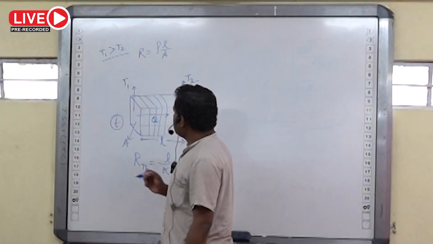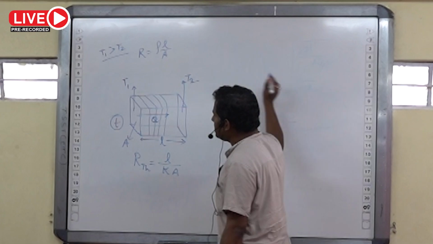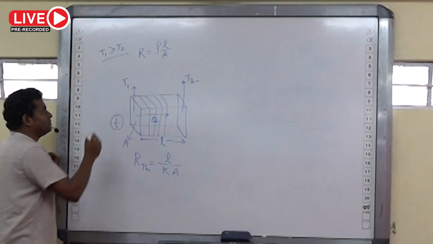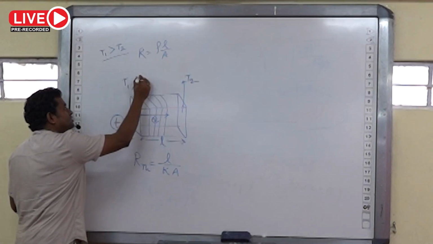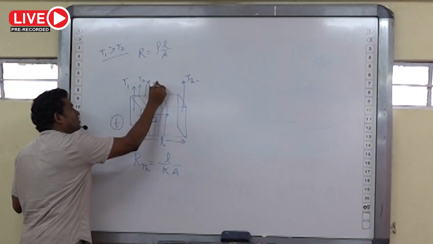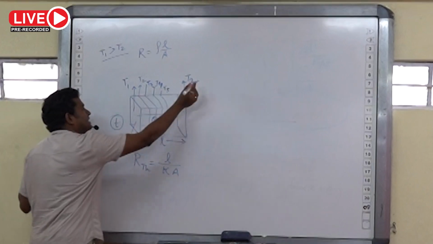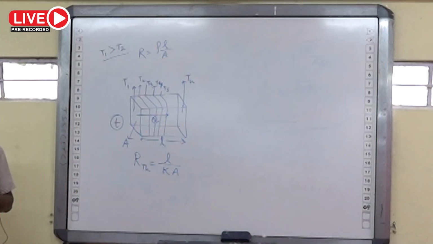I consider this surface is at temperature T1, suppose this is at temperature T2, then in between T3, T4, T5, and finally we consider some Tn, starting from T1 up to Tn.